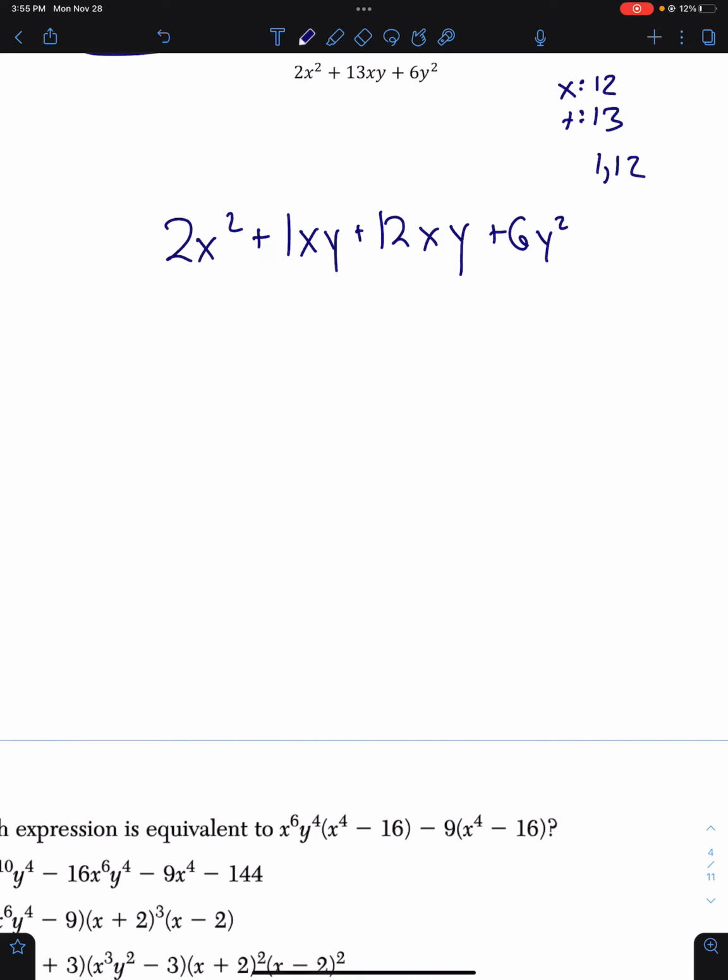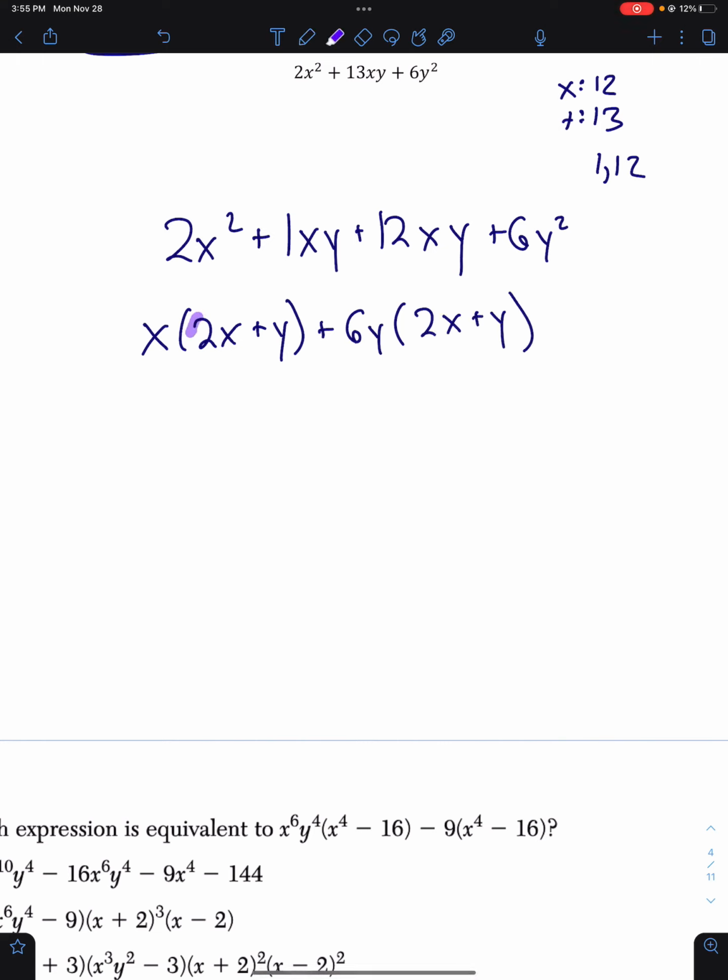Okay, so let's look at the first two. First two have a GCF of just x, I believe. So I take out an x, and what I'm left with is 2x plus y. And the second two have a GCF of 6. They don't share an x, but they share a y, so 6y. And we're left with 2x plus y. Look at that.